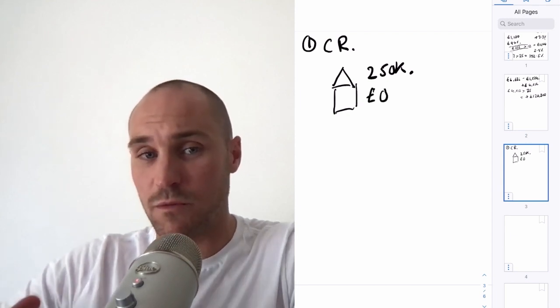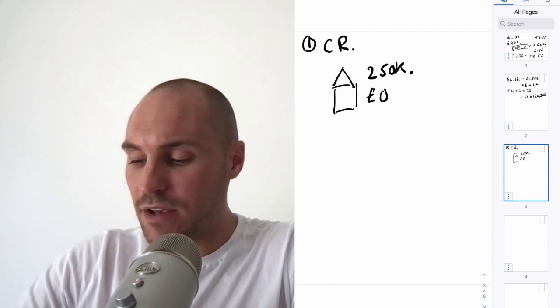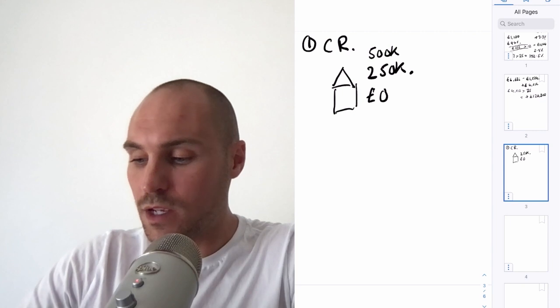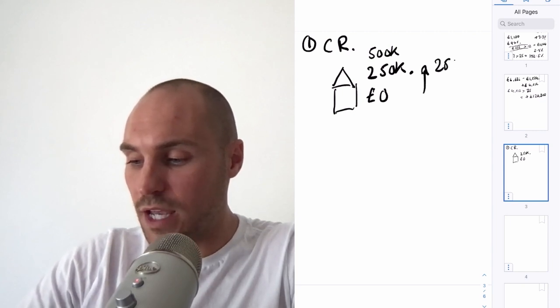We've paid the property down. And let's say in this example, in 25 years time, this property is worth 500k. So it's gone up 250k in growth.